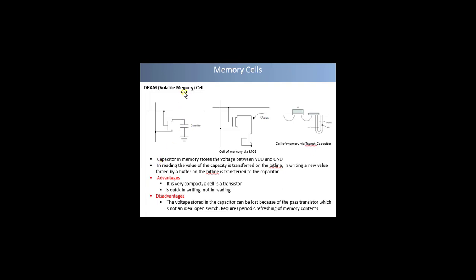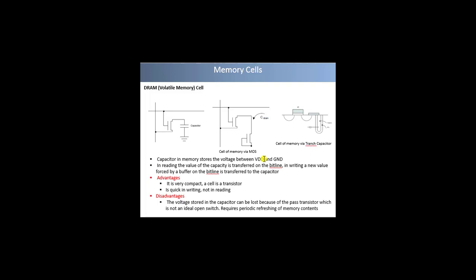In case of a dynamic RAM, the memory cell is implemented in the form of a capacitor which stores a voltage between VDD and ground. So when a capacitor is fully charged to VDD, we say that this memory cell is storing a 1 bit of information.